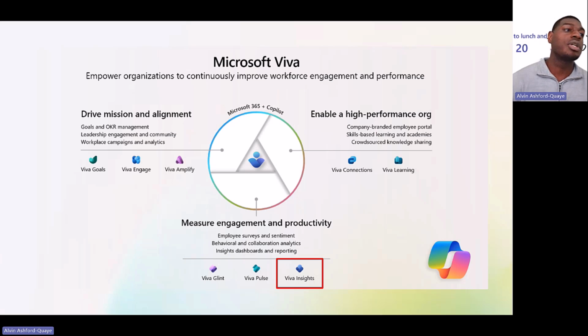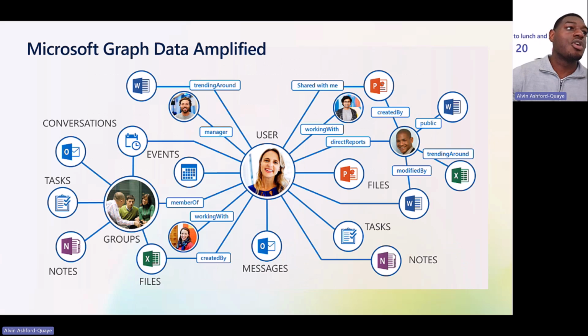Okay, so the first place I'll start is, for every user within Microsoft 365, what they do have is a wealth of data. We call that the Microsoft Graph. With that Microsoft Graph, it captures all actions and activity that each user has within Microsoft 365.